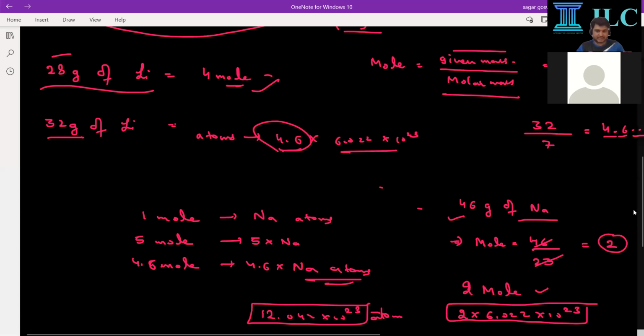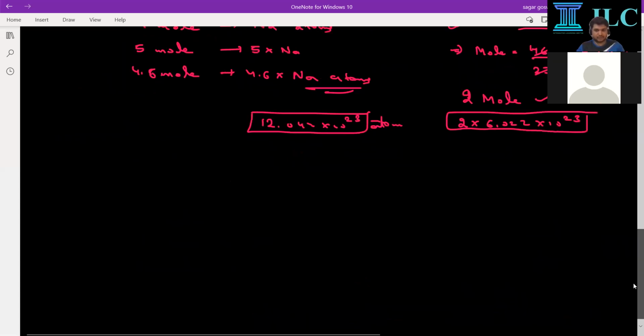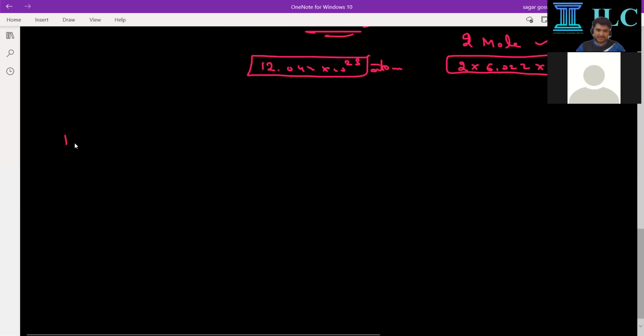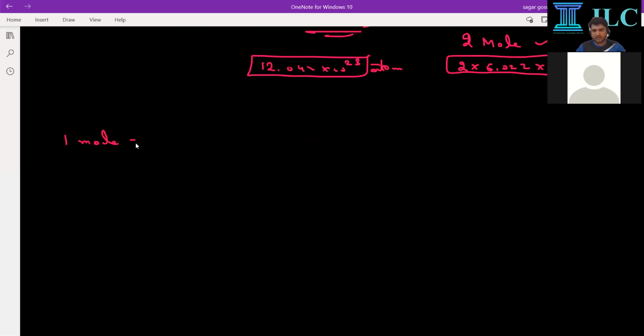One mole of sodium contains how much gram? 23 gram, right? And that 23 gram contains 6.022 into 10 to the power 23 atoms.